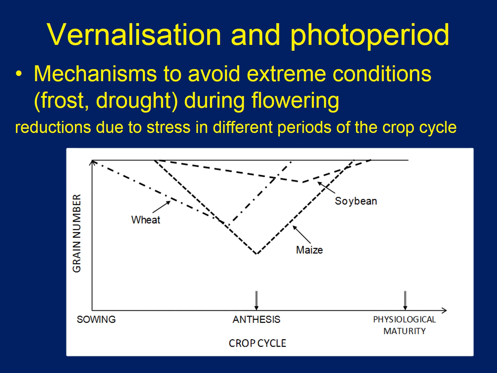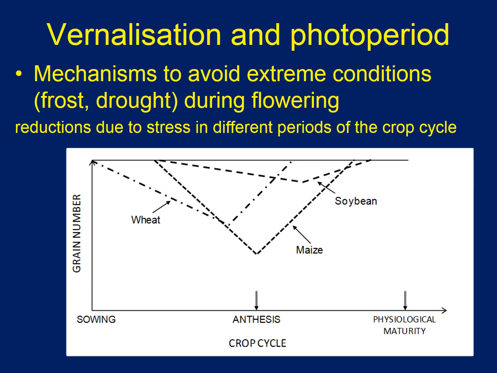In any case, for the three crops, the time around anthesis is highly sensitive for the determination of grain number, and grain number is usually the main limiting factor for yield. Therefore, it is important for the crop to avoid stress during this period.